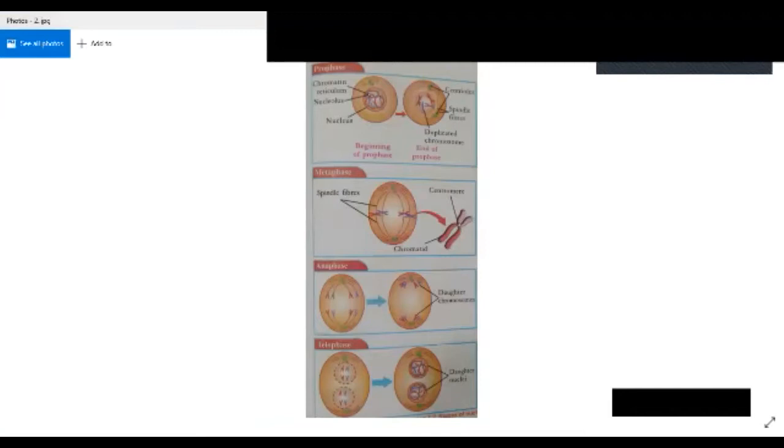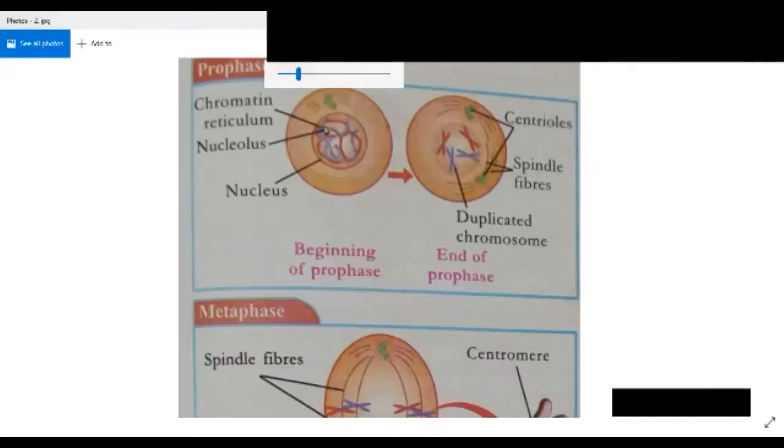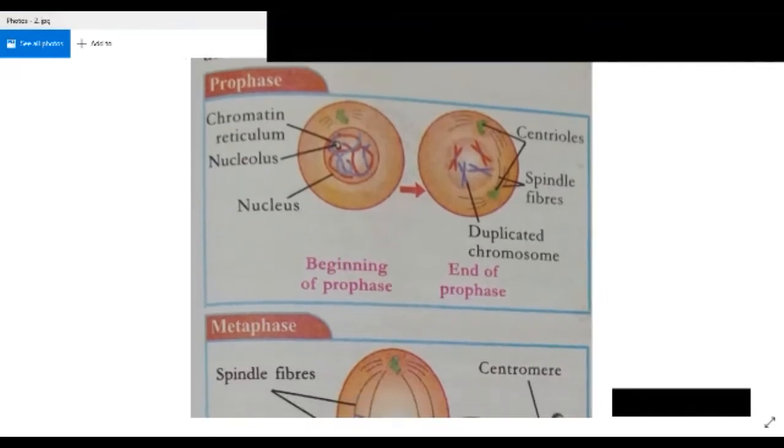The first one is the prophase. In prophase, there are 2 steps, the beginning of the prophase and the end of the prophase.